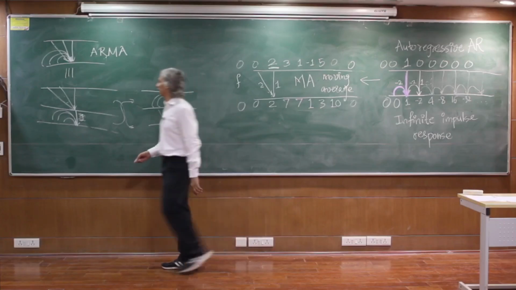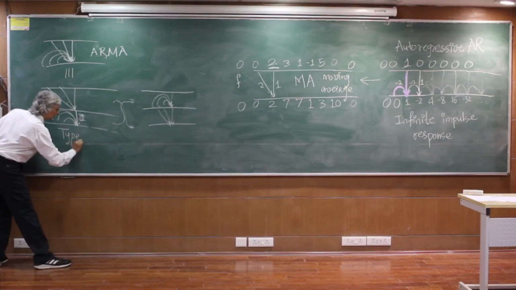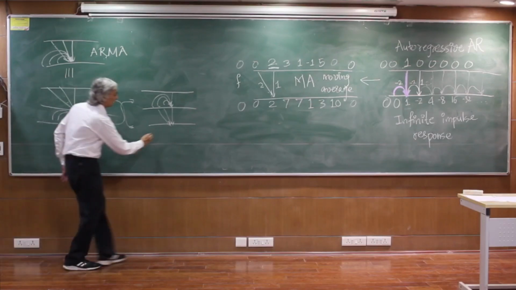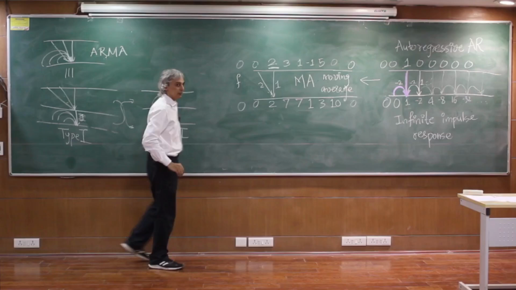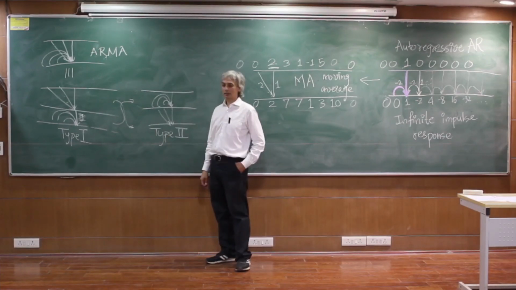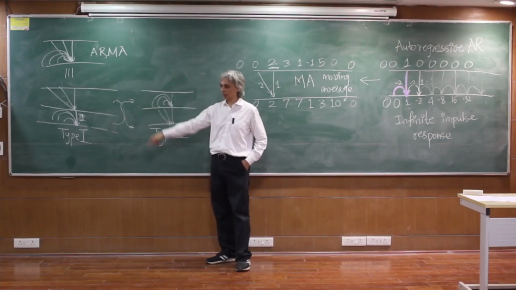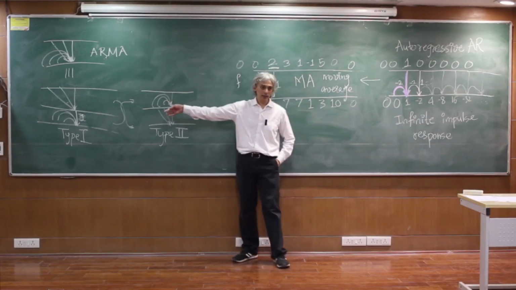Okay, so this is called a type 1 implementation of an ARMA filter. This is called a type 2 implementation of an ARMA filter. They are mathematically equivalent, but this one uses lesser memory than that. Type 2 uses lesser memory than type 1.